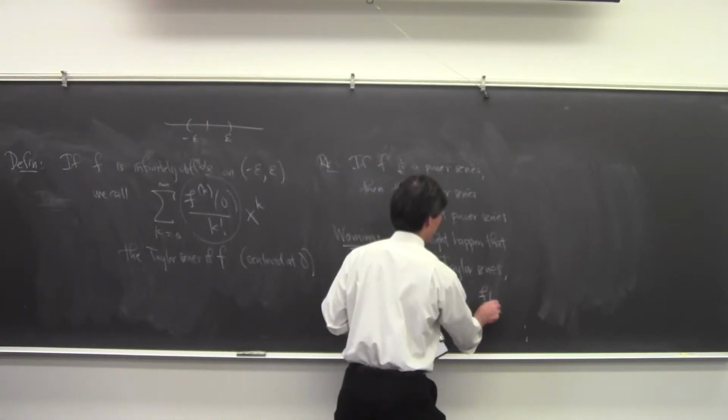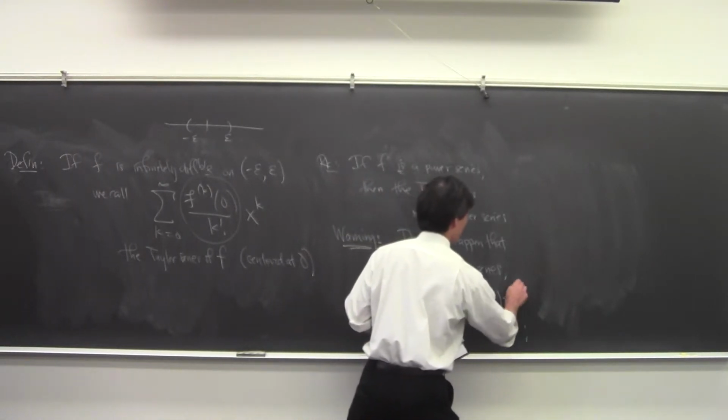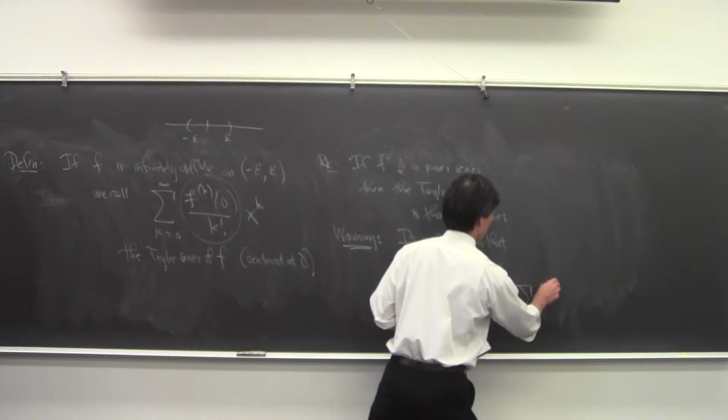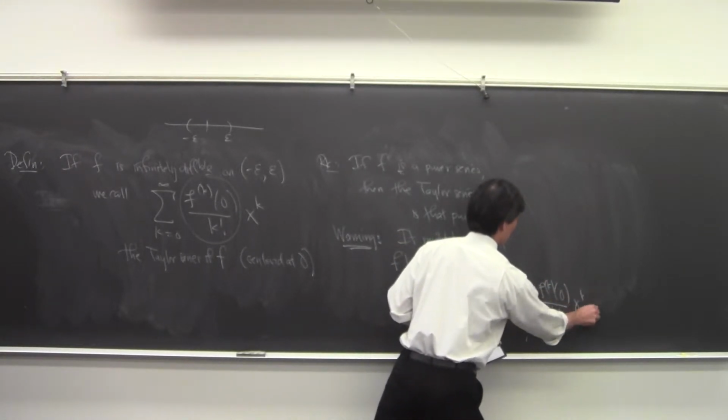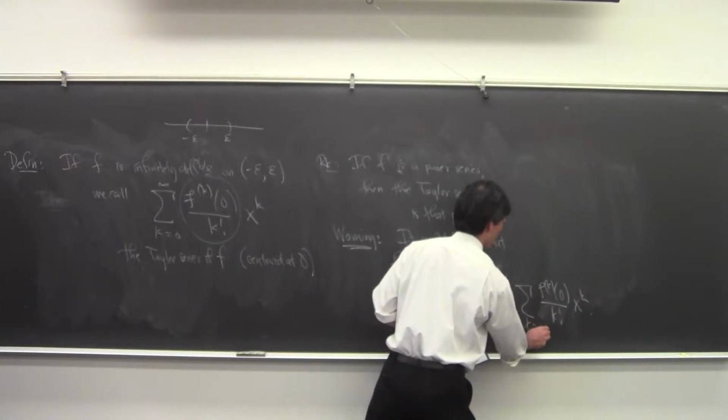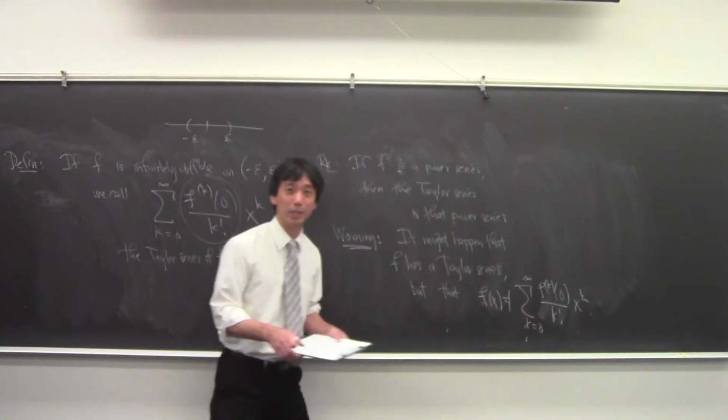So f of x is not equal to the Taylor series. Something strange, or something unpleasant, can happen.